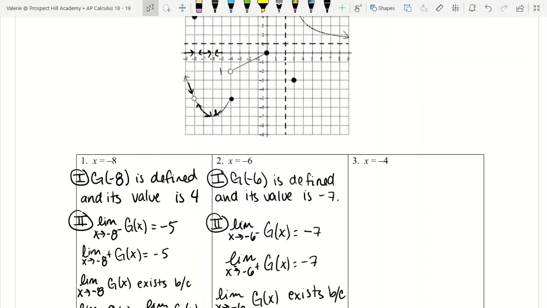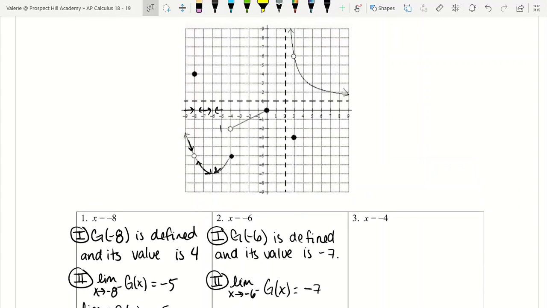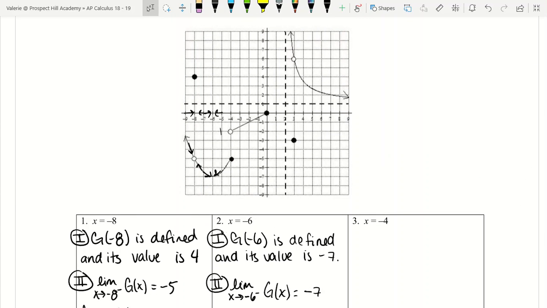Alright, so now for number 3. For the first part, we need to figure out what the value of g of negative 4 is.